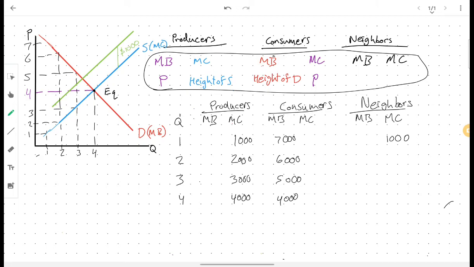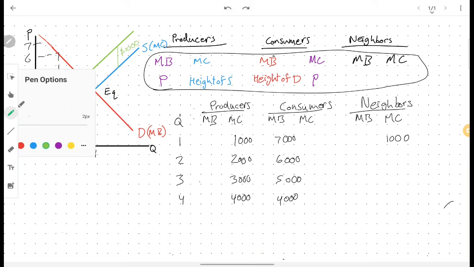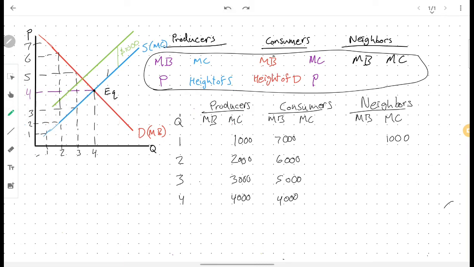Yes, they are. Okay, so what that means is that this would shift the supply curve up. I don't want it in green. It would shift the supply curve up by exactly that $1,000 because it adds that on to the cost for the producers. It's a cost just like any other.